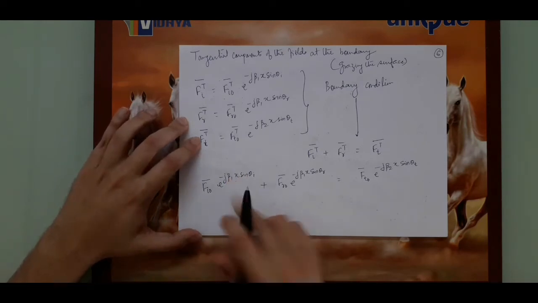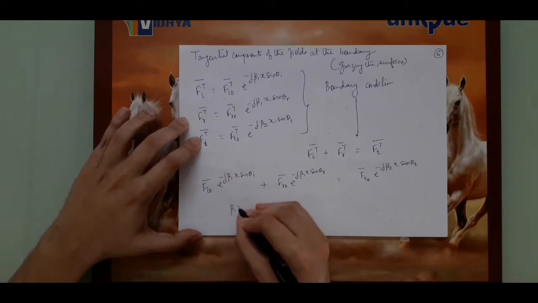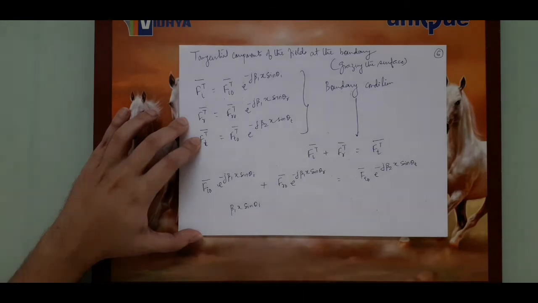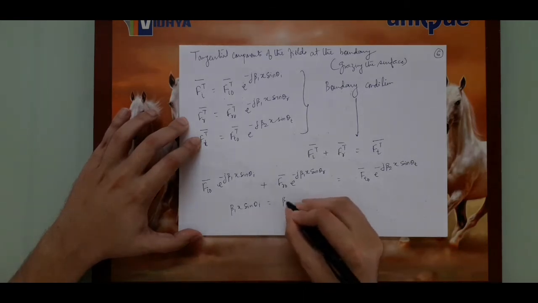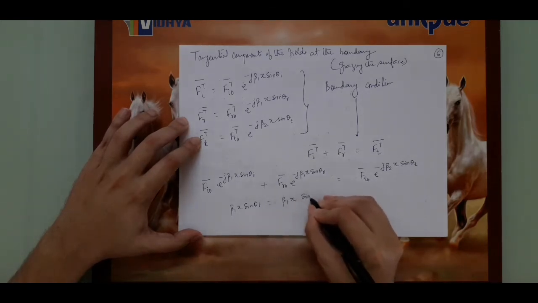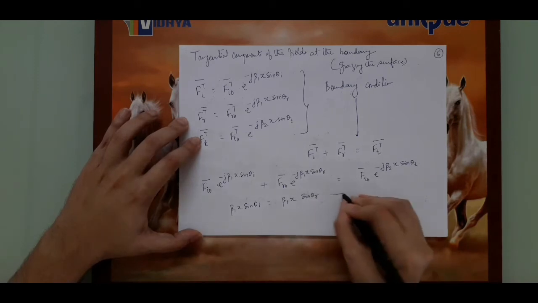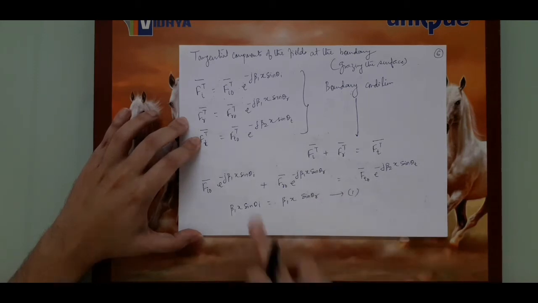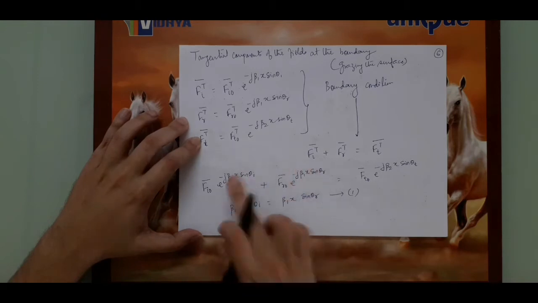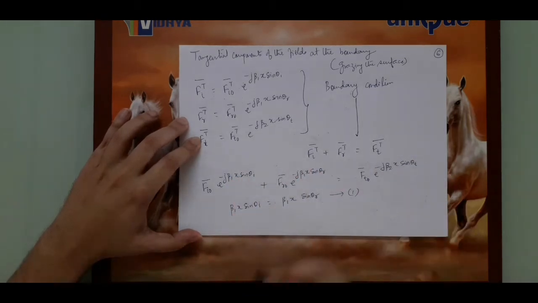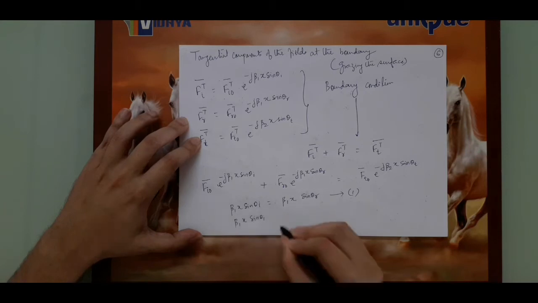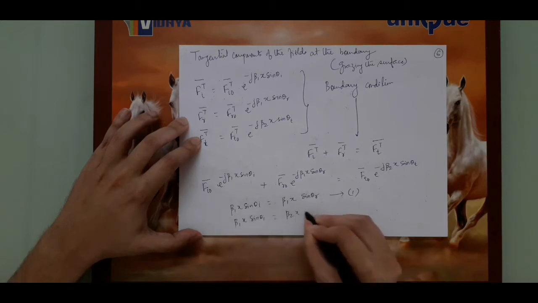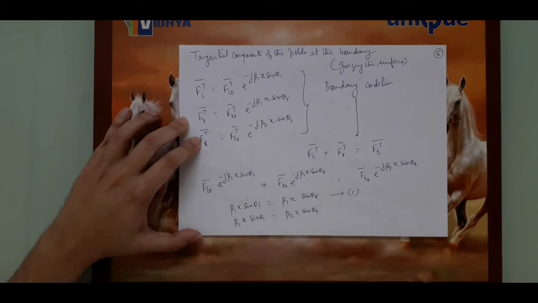So therefore I can write beta 1 x sine theta i will be equal to beta 1 x sine theta r. This is one. The other is that either of these phases must be equal to this. So I can say beta 1 x sine theta i will be equal to beta 2 x sine theta t.